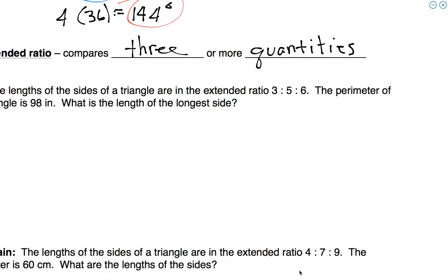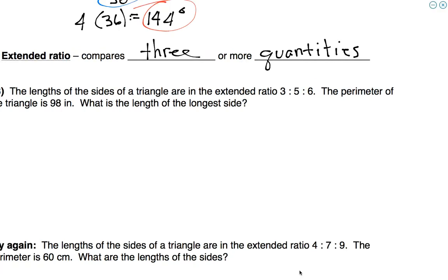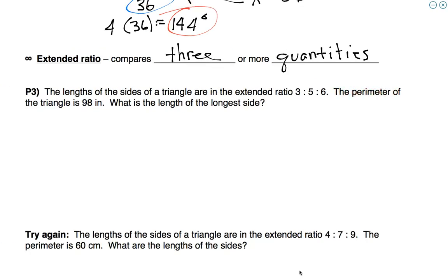So maybe the sides are 3, 5, 6. But now they're telling us that the perimeter of the triangle is 98. So that means 3x plus 5x plus 6x equals 98.